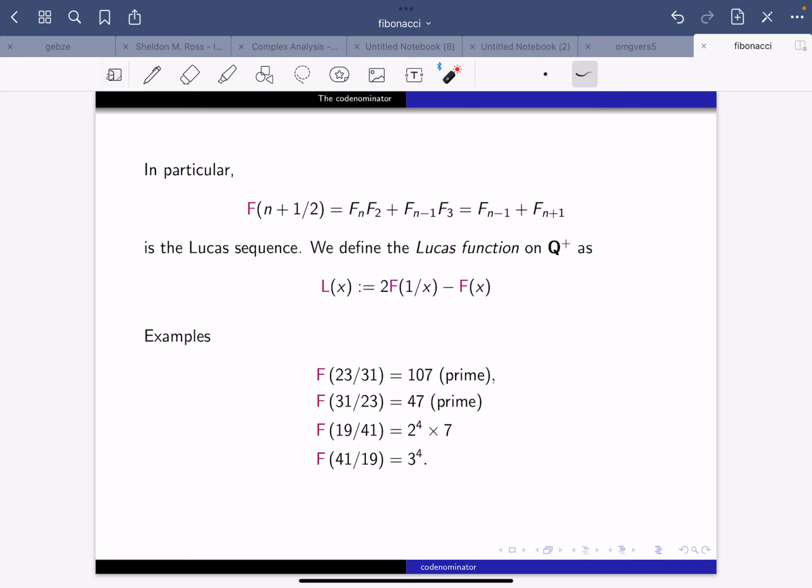So we can define the Lucas function on the set of positive rationals as Lucas of x equals 2 times the codenominator of 1 over x minus the codenominator of x. So we are also able to extend the Lucas function to the set of positive rationals. Let us give some examples.